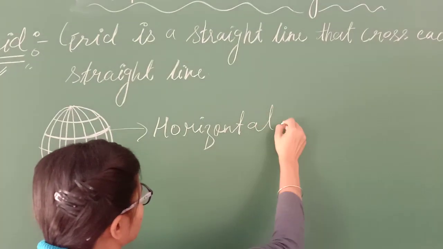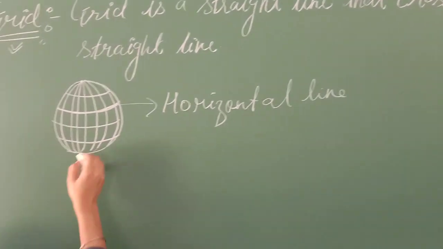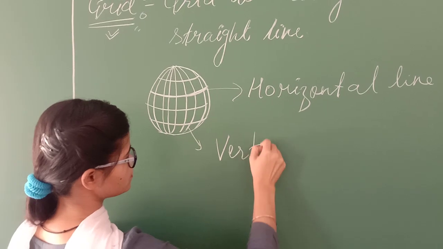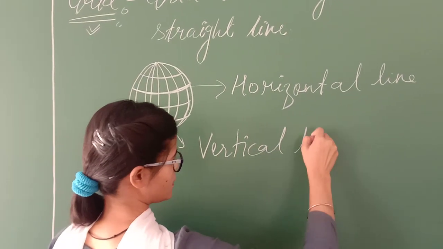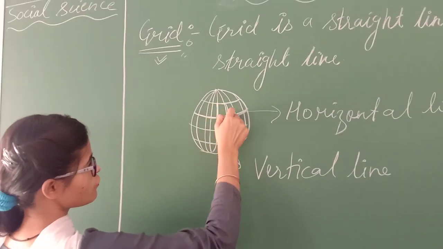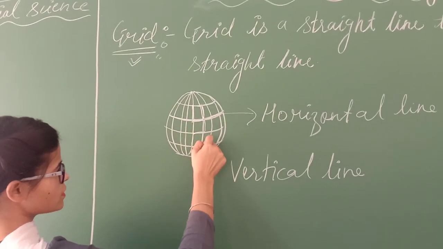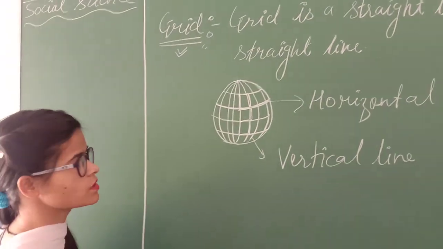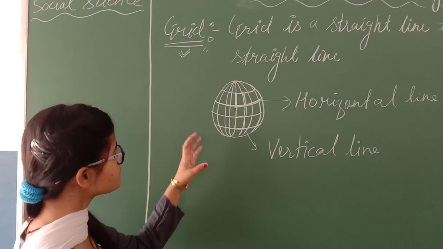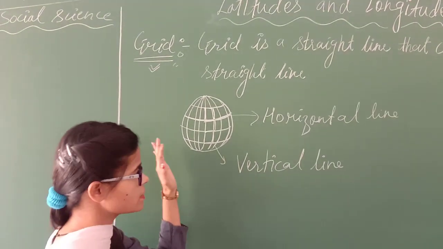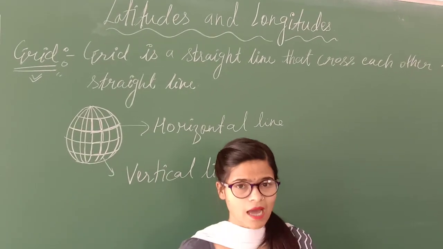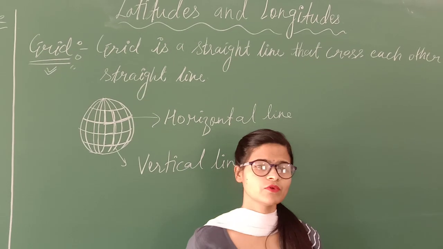This line we call vertical. So these are the grid. It is forming a square between each of the lines. Grid is just a straight line. With the help of this grid, we are able to describe our location to somebody if we want to send it.